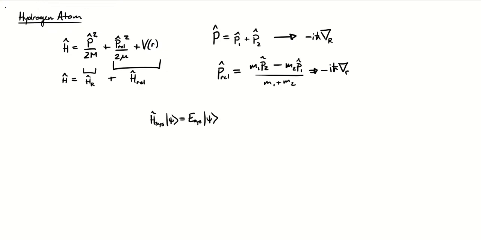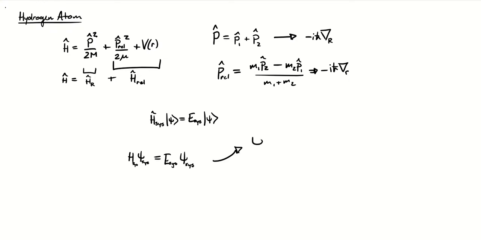The main technique that we're going to use repeatedly over the next few videos and discussions is separation of variables. What that boils down to is, if we write this in the position representation, our full system Hamiltonian acting on our system wave function is going to give us the energy of our system times that same wave function.